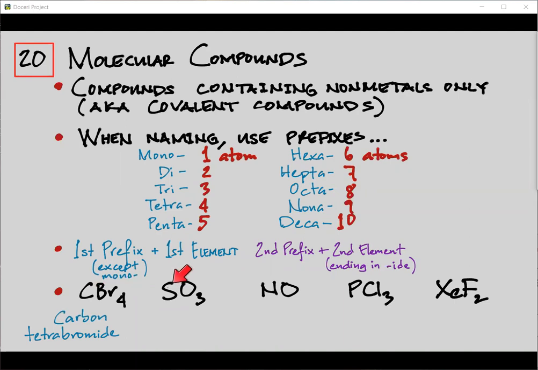The next one here, we have sulfur and oxide, and we have 3 oxygen atoms, so that would be a tri. So that's sulfur trioxide. The third one here, we have NO. We have a single nitrogen and a single oxygen. So that would be nitrogen monoxide.